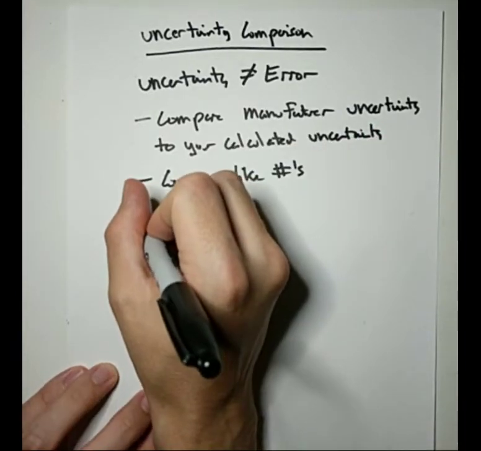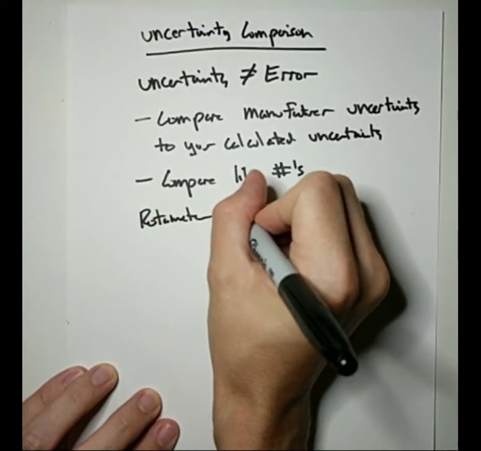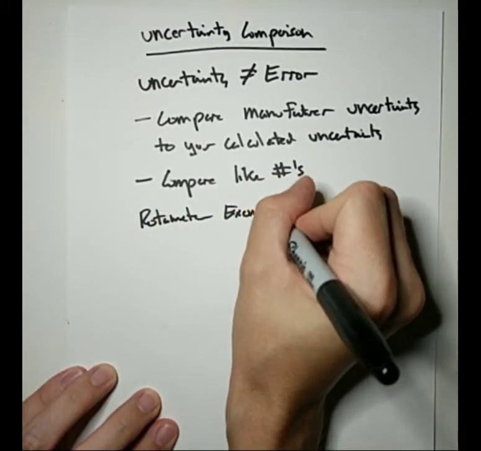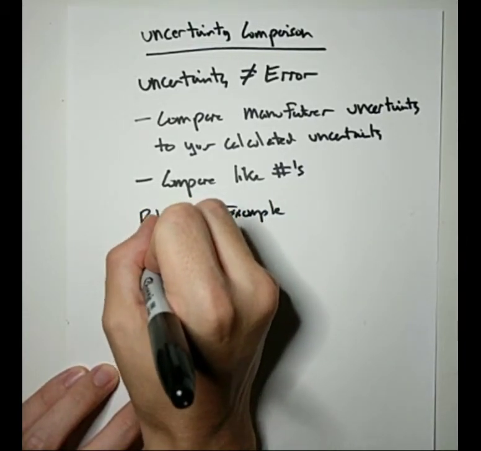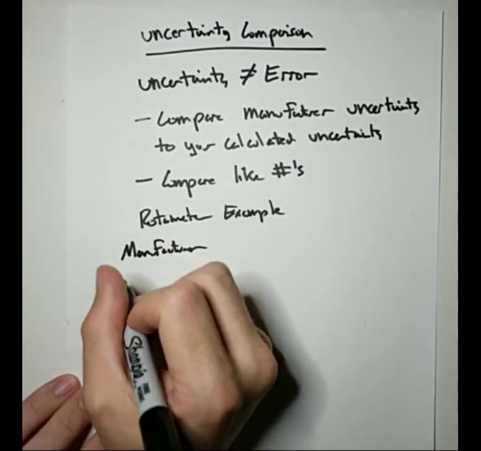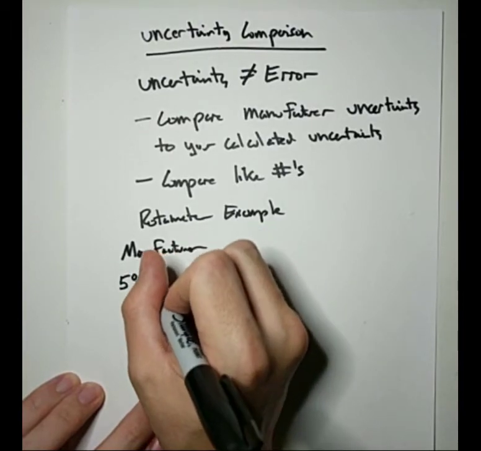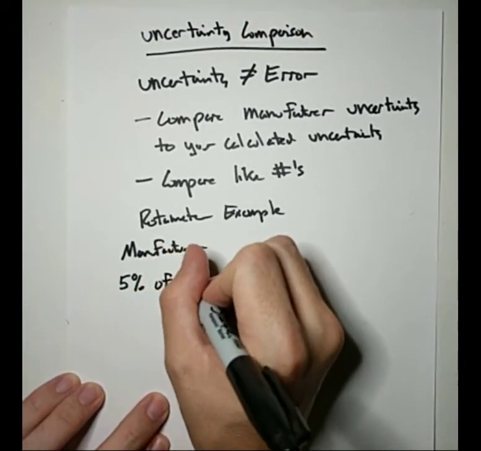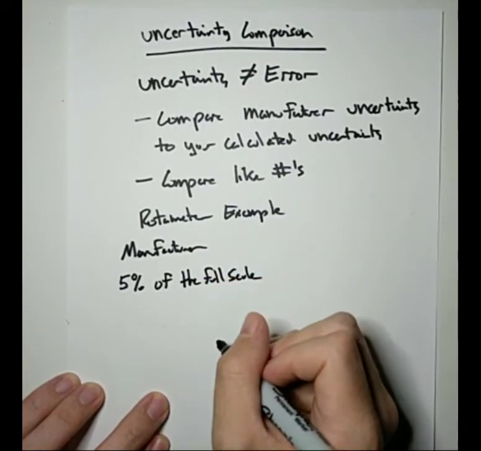Okay, so for the rotometer, as an example, the manufacturer claims that the uncertainty of the rotometer should be less than 5% of the full scale for that sensor.